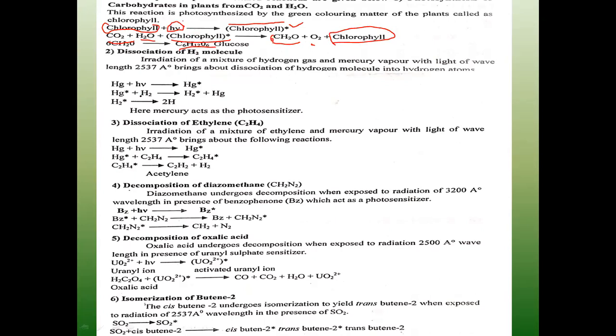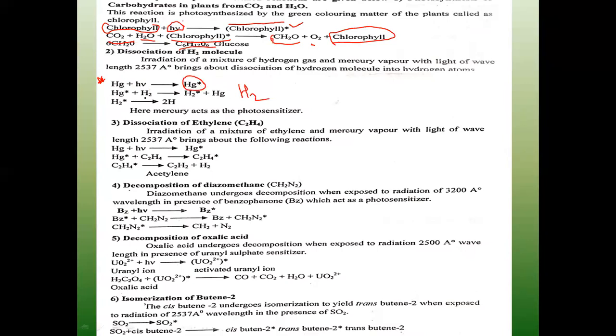Another example is the dissociation of H2. The H2 molecule is dissociated in the presence of light, but H2 does not directly absorb energy from the light. So that's why mercury metal can be used here. Mercury first absorbs this energy and undergoes excitation, so it is called the donor or sensitizer. Okay.